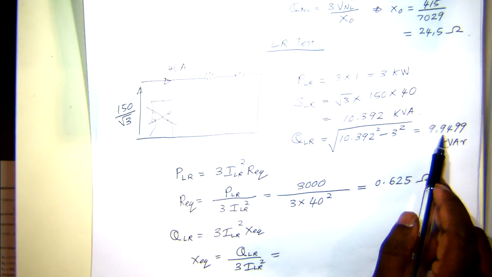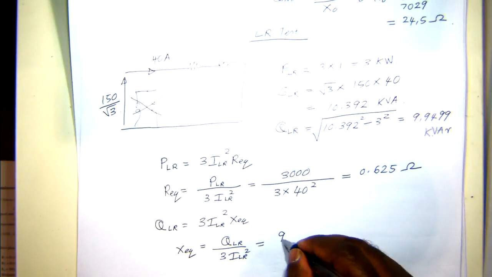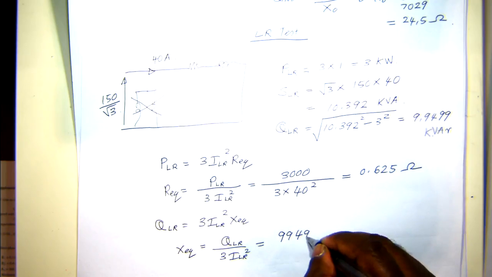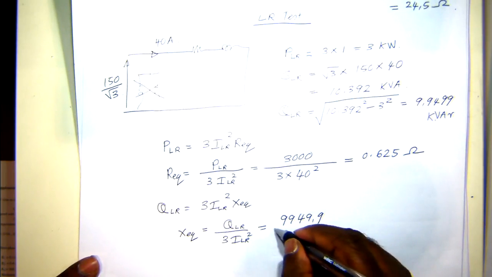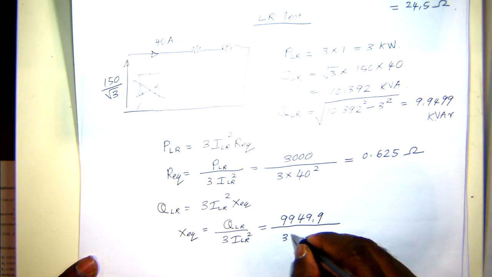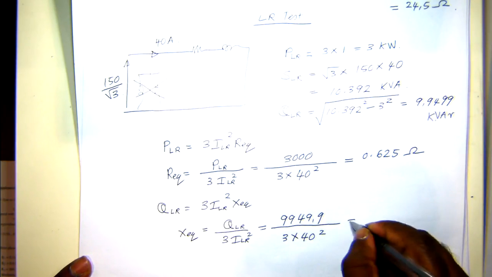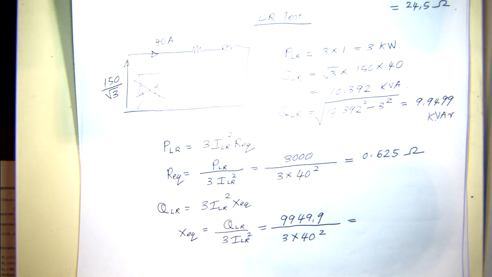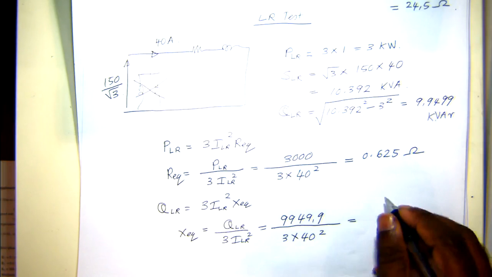So that will be this value, 9949.9, that's the reactive power divided by 3 times 40 squared. That gives you the equivalent leakage reactance, which is 2.07.